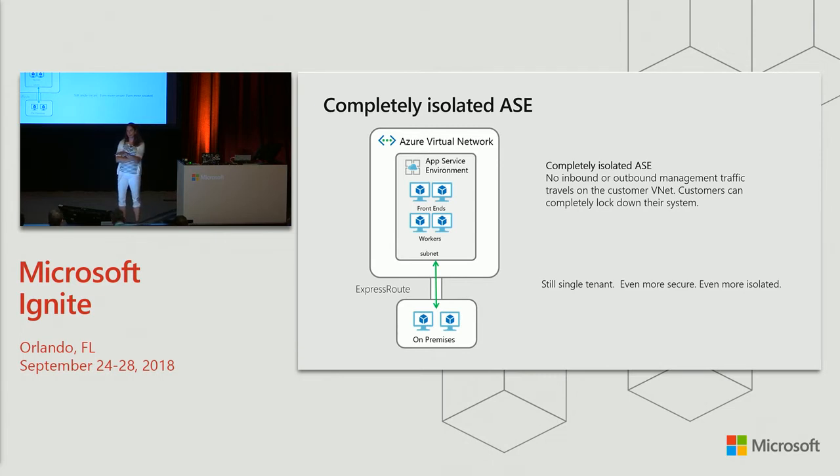So this would put all of the management traffic on a separate network plane than the customer's network. What that means is you won't break your ACE if you make an NSG change. You can set routes to your heart's content. You're only affecting application traffic. So this is probably one of the most important feature sets that I have in the entire deck because most of the large customer problems come because they accidentally break their ACE.